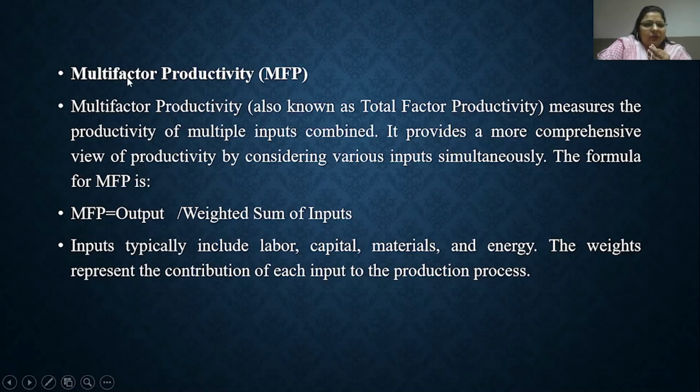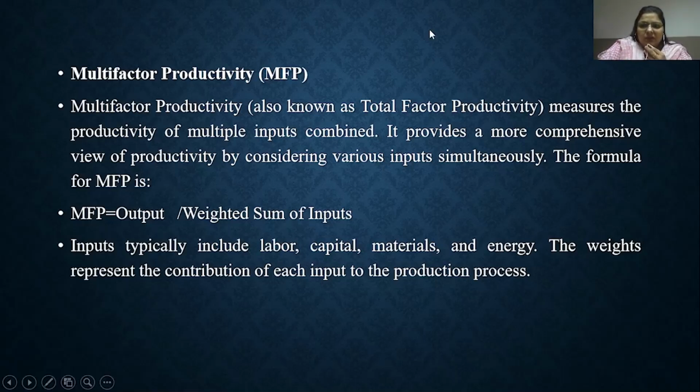Here it is multi-factor productivity. When we are going to analyze different factors which impact productivity, we can check through the MFP. This is called multi-factor productivity, also known as total factor productivity.